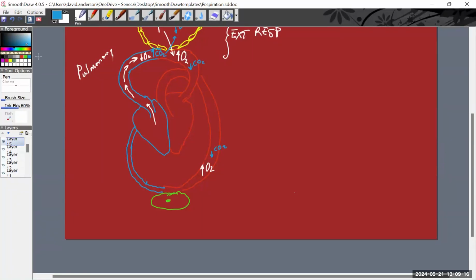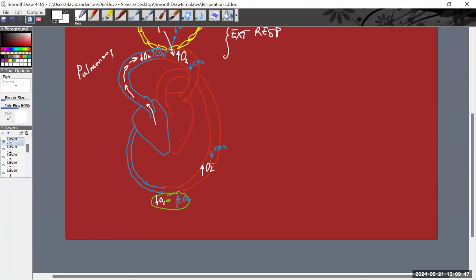Remember, the situation in the cell was high CO2. Why was the CO2 level higher in the busy cell? Because you're using it for ATP. Yeah, you're using it for ATP. Right. It's a byproduct of making lots of ATP. We're going to produce CO2. And because we're making lots of ATP, we're using up oxygen. So in the cell, the oxygen levels are low.